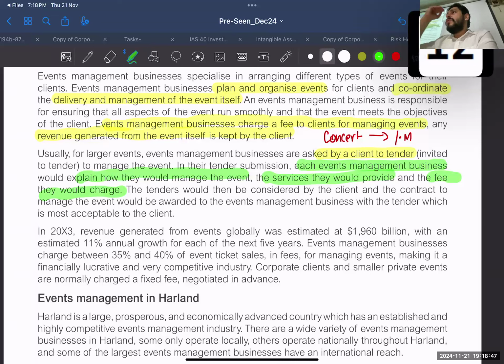So your quotation should include a fee breakup. There should be only 3 headings in your quotation. Number 1, explain how you're going to manage the event.